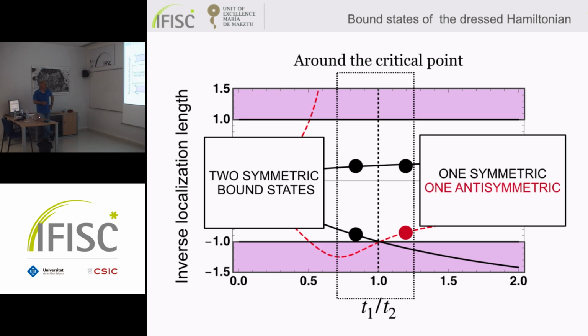On the left side, you always have two symmetric states. On the right side, you have one symmetric state and another one which is antisymmetric.